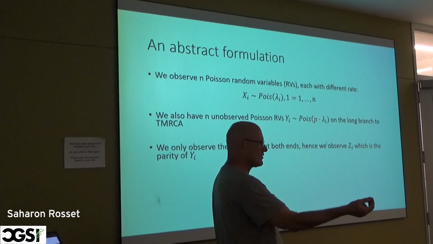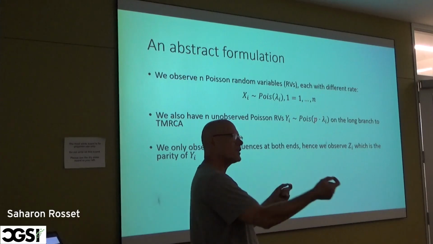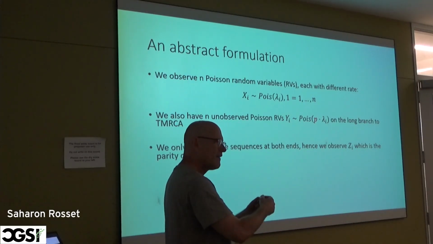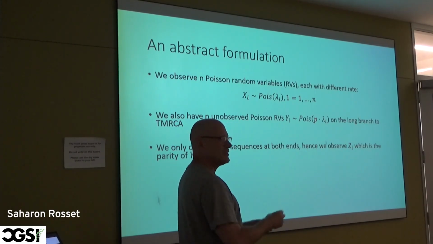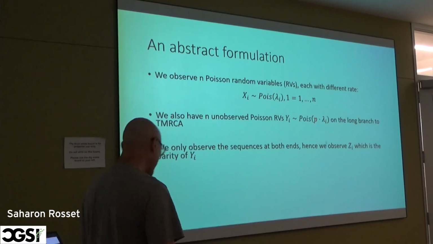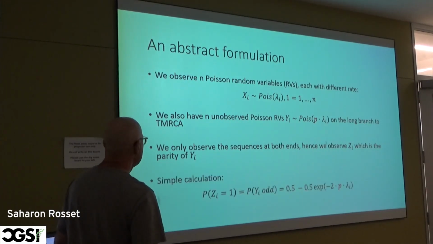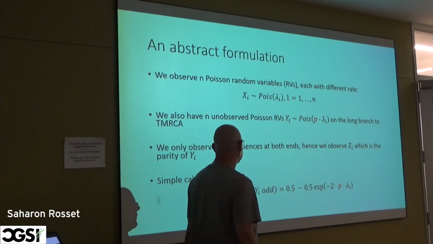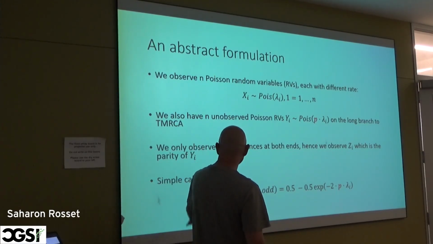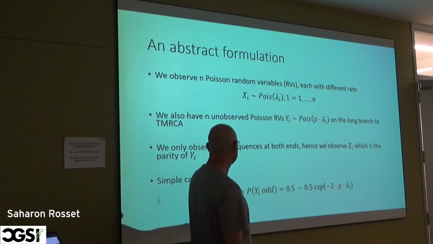If an odd number has occurred, then we've switched from A to G. So 2 mutations is A to G and G back to A. 4 mutations is doing that twice. 1 mutation is moving from A to G, or 3 mutations. So basically we observe the parity, which we call Z_i, the parity of this unobserved random variable, and it's an easy calculation. I have it here, but I don't think I have time to show it.